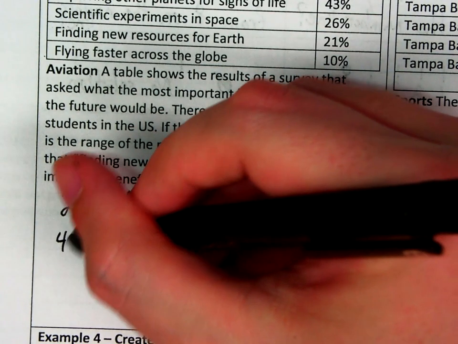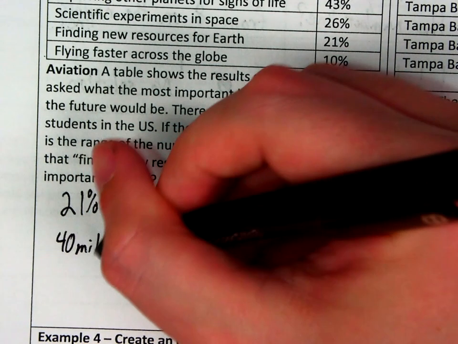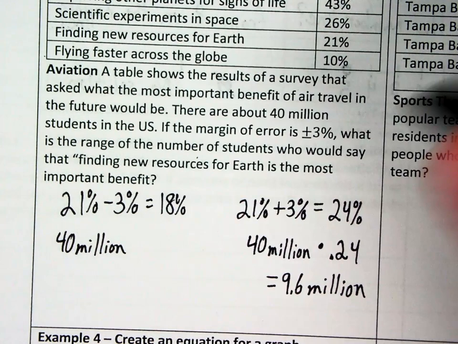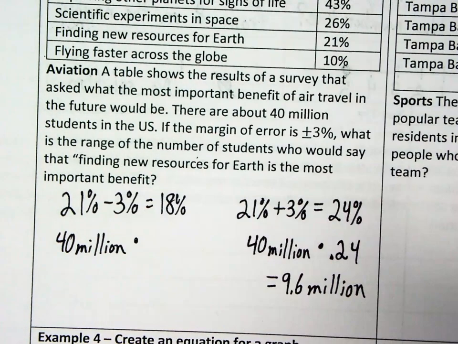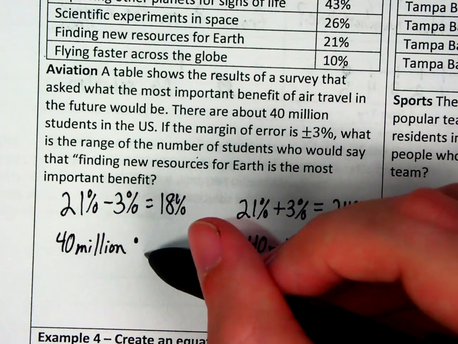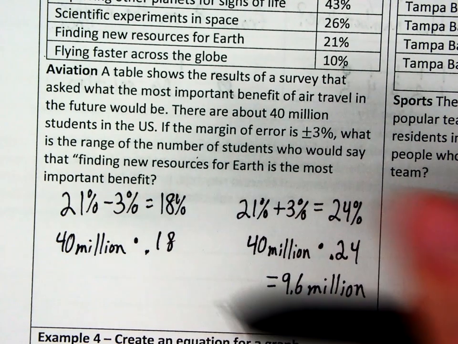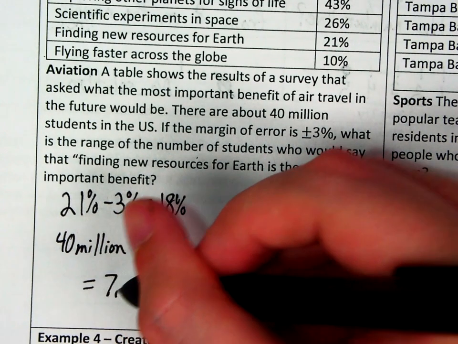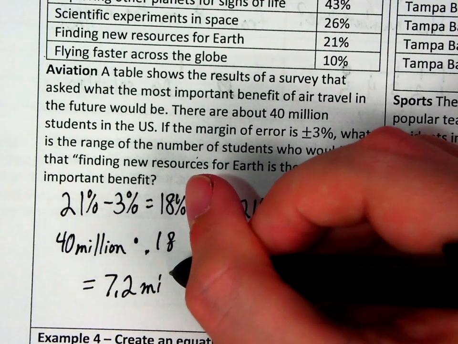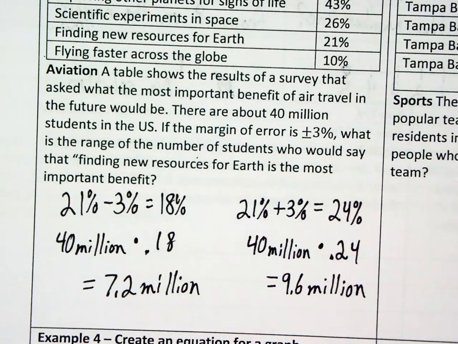So we'll think about 18% of 40 million, which means we're going to do 40 million times 0.18. That would be, for us, 7.2 million students who might think that finding new resources for Earth is the most important thing in the future of flight.